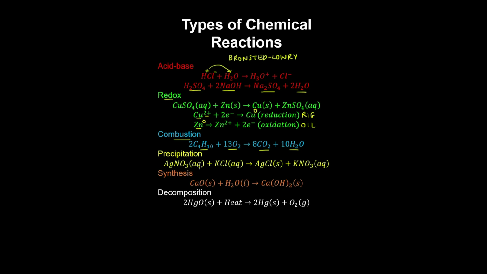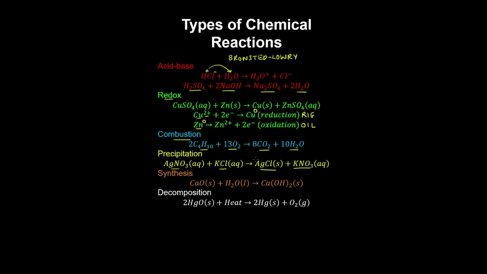Now in a precipitation reaction, ions are mixed in an aqueous solution to produce an insoluble or sparingly soluble ionic compound. And the ions that remain unreacted are the spectator ions, in this case being potassium and nitrate.